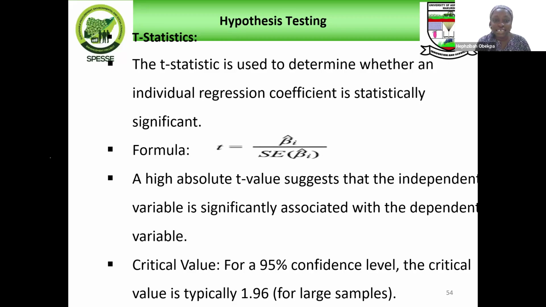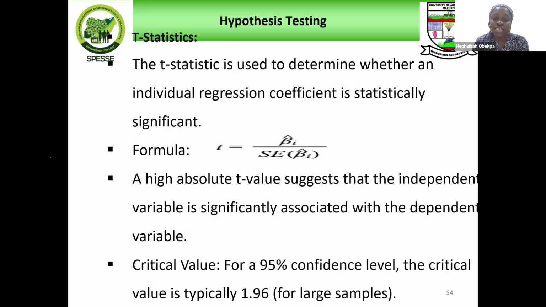So we use t-statistics and p-value to help us know whether to accept or reject the hypothesis. T-statistics is used to determine whether an individual regression coefficient is statistically significant or not. This is your formula for t-statistics. A high absolute t-value suggests that the independent variable is significantly associated with the dependent variable.